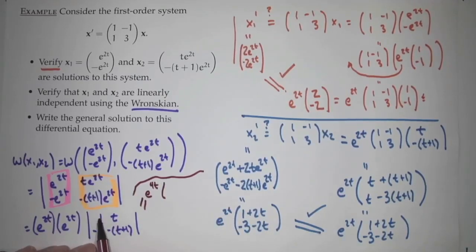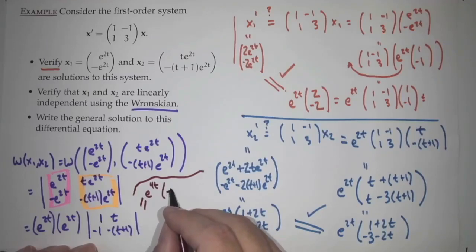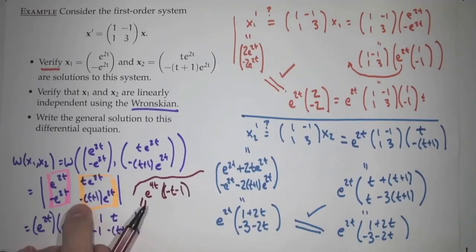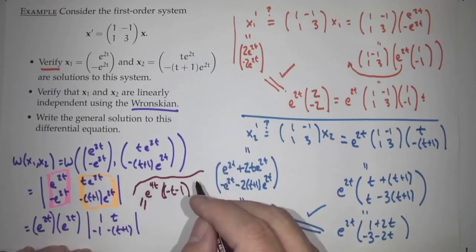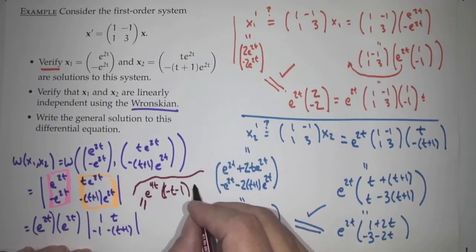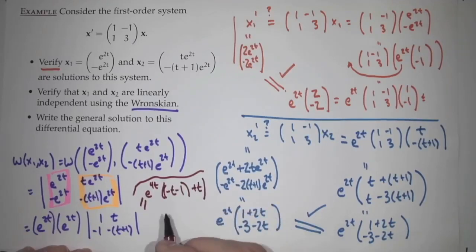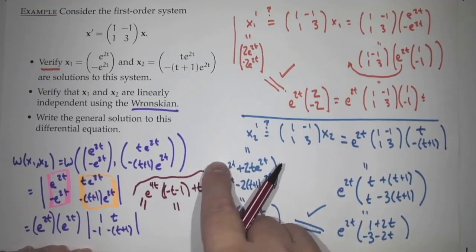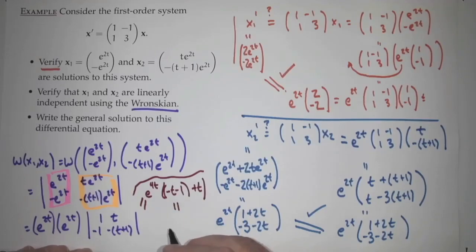We have 1 times this minus t plus 1, which we can say is minus t minus 1. So that's the downward. And then what else do we have? Subtract minus t, also known as plus t. And we put that together. Does anything simplify? Minus t and plus t cancel, and we end up with minus e to the 4t.